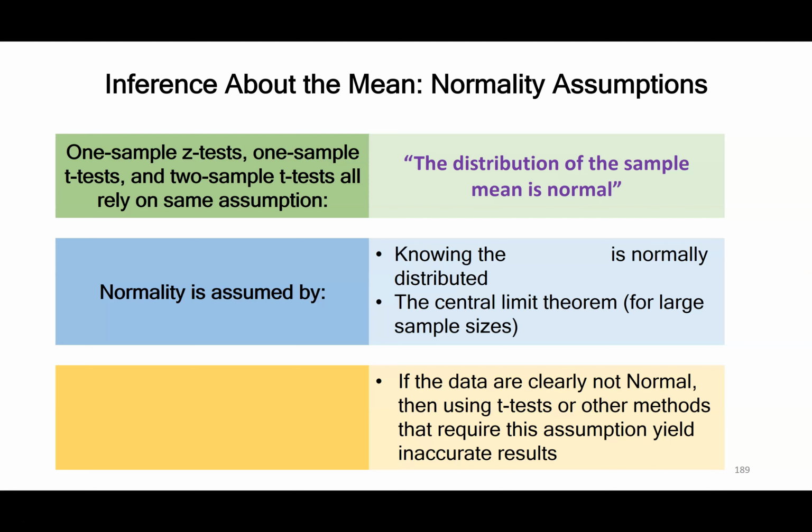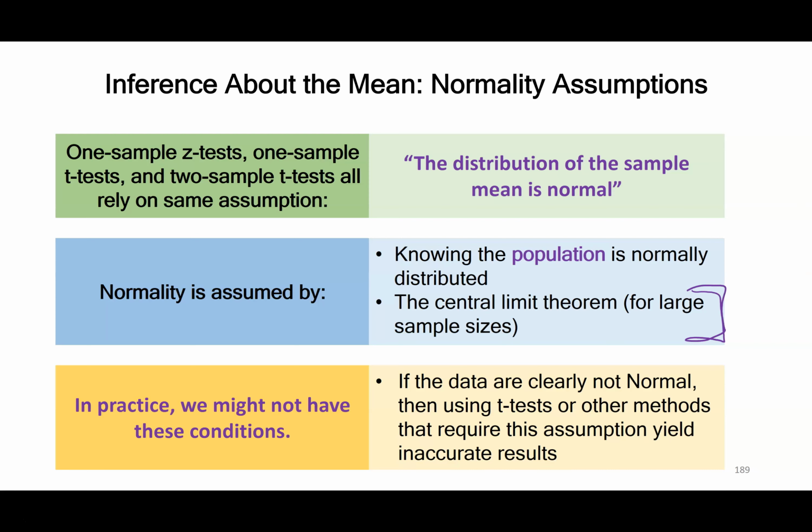There are a couple of ways we can know this. If we know the population is normally distributed, then we're good. The sampling distribution of x bar will also be normally distributed. The other method we've been using is the central limit theorem. If our sample size is big enough, the central limit theorem kicks in, and that makes the sampling distribution of x bar normally distributed.